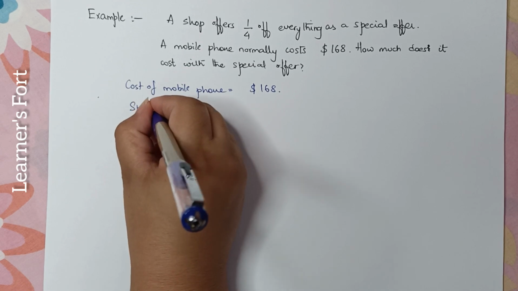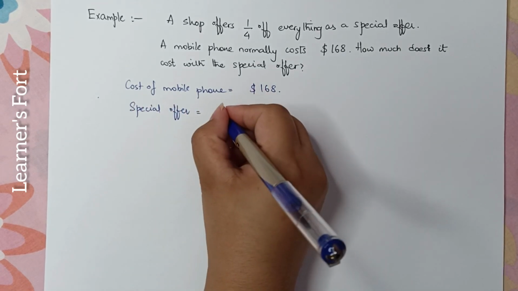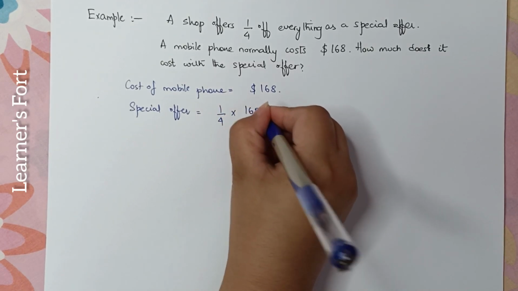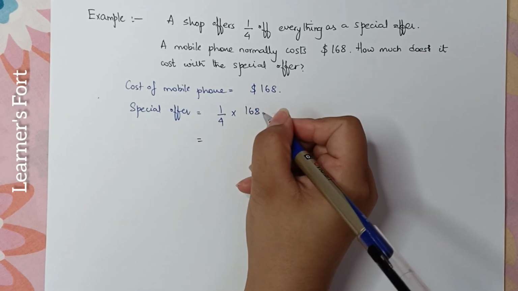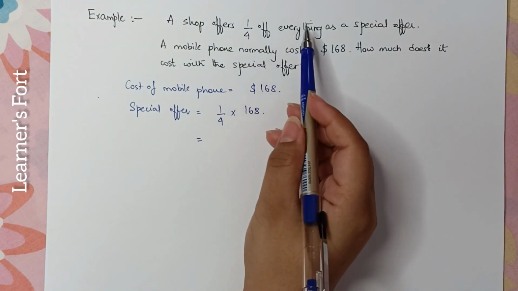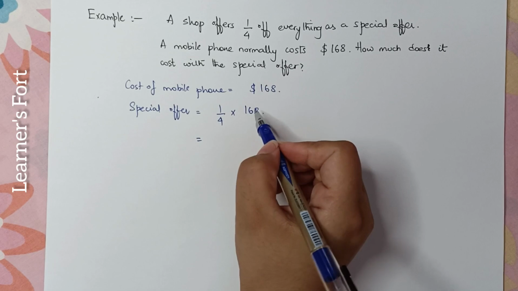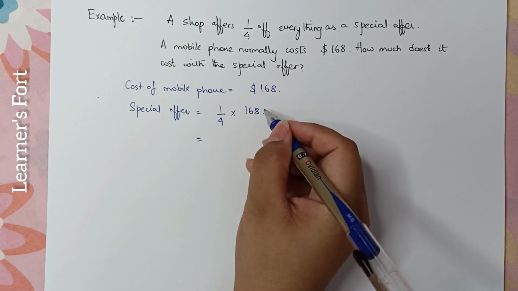The special offer is that we have to calculate the 1/4 part of 168. This is basically the discount which is being applied. So we have to calculate the discount. One fourth of everything. Now, one fourth of 168, we have to find out how much discount is being offered as a special offer.